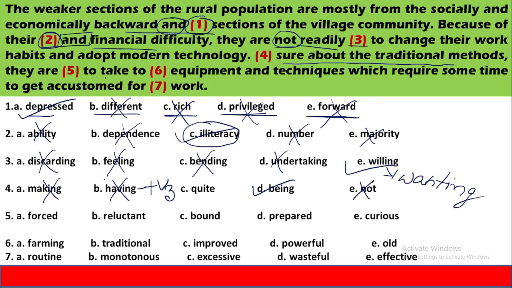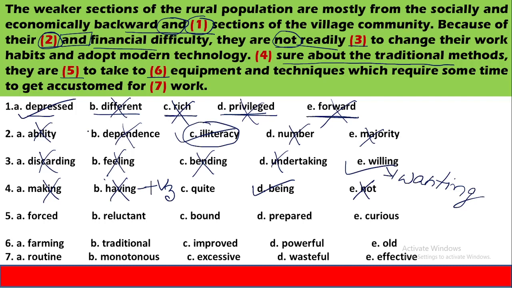So if you try to comprehend the meaning, either they are willing to take or they are not willing to take. If something is of positive nature, they will not be willing to take. If something is of negative nature, they will be willing to take, because since the beginning till now we have comprehended the paragraph in this way.